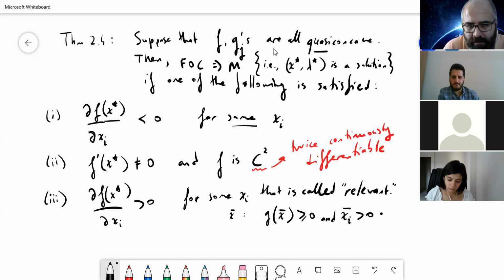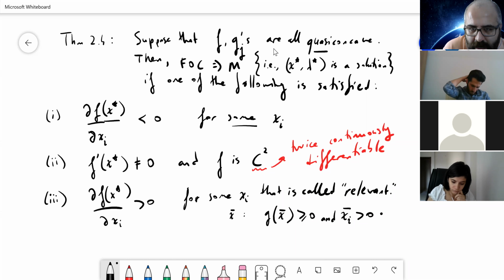For many, not all perhaps, but for many. Why? Because especially the third one is very useful, because we have those variables in our system which do not violate the constraint, which we consume positively.